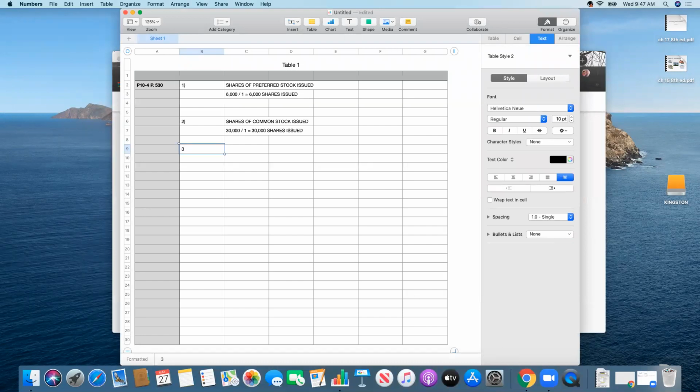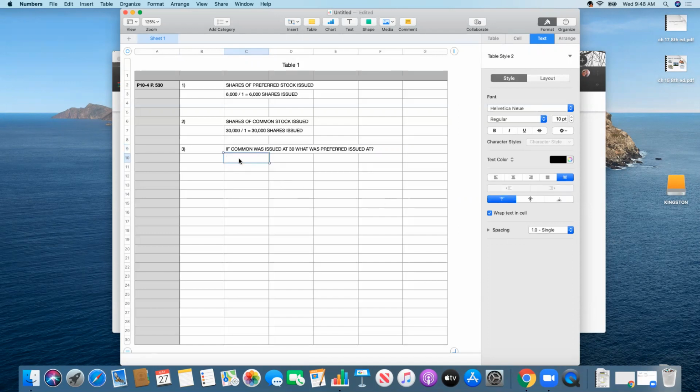Number 3, if common was issued at 30, what was preferred issued at?